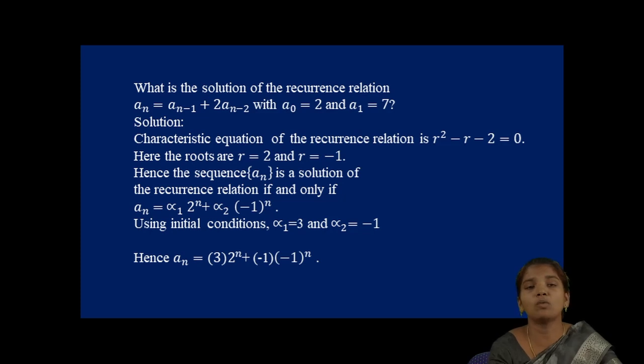Hence, the sequence a_n is a solution of the recurrence relation if and only if a_n can be written as alpha1 r1^n plus alpha2 r2^n. Here r1 is 2, r2 is minus 1. So a_n equal to alpha1 times 2^n plus alpha2 times (minus 1)^n. In our problem, the initial conditions are a0 equal to 2, a1 equal to 7.